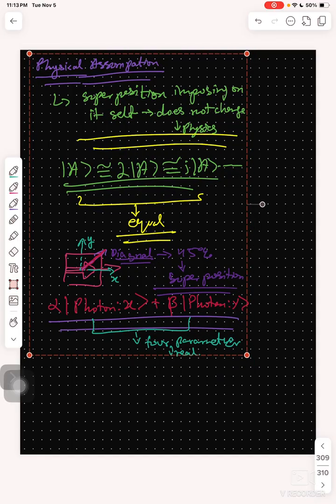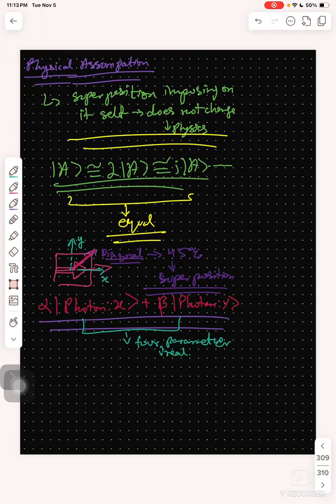What our understanding says is that we should only have two real parameters.